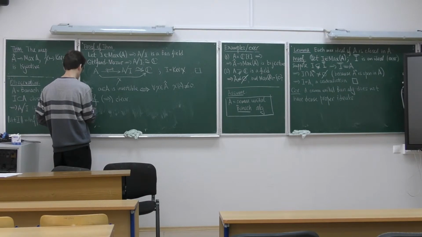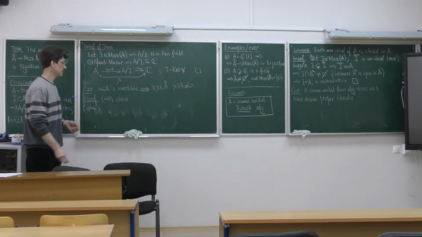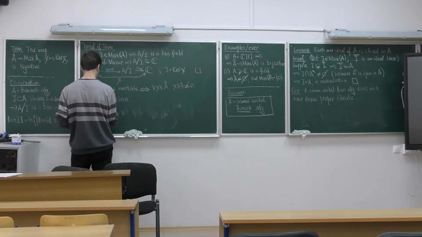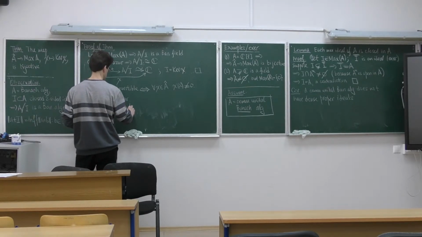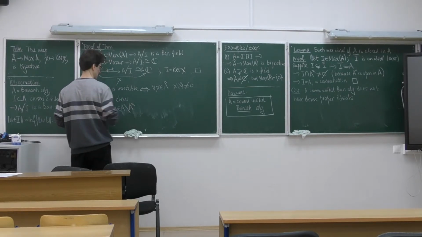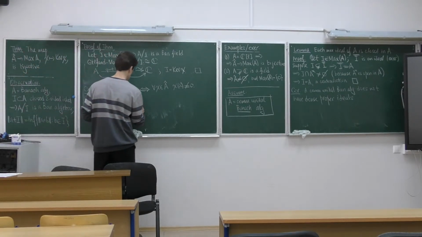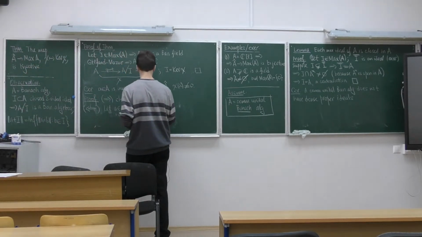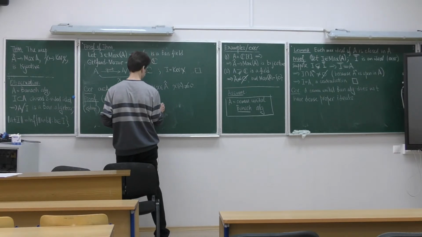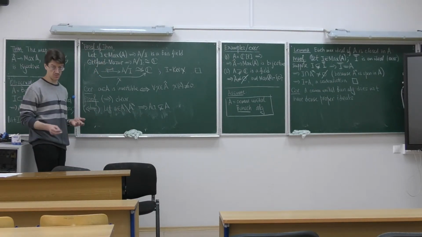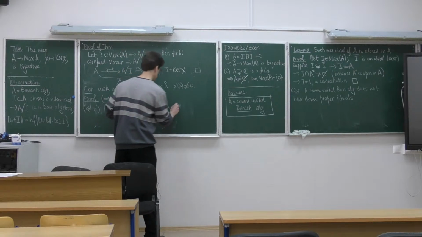And to prove the right-to-left implication, suppose that a is not invertible. In this case, the principal ideal generated by this element is proper. The principal ideal generated by a is proper. And a proper ideal is contained in a maximal ideal.